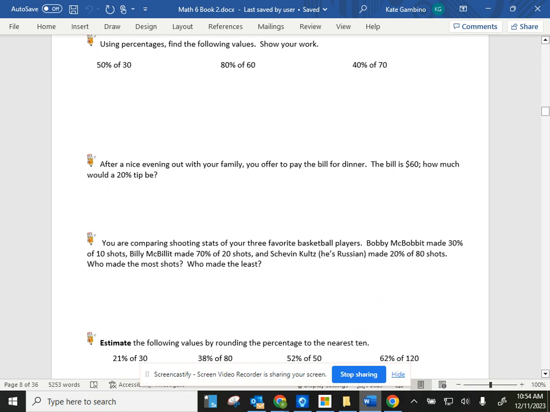Using percentages, find the following values, show your work. Oh my goodness, it's the exact same thing. Write out what that decimal is times the 30, put it into your calculator and write your answer.